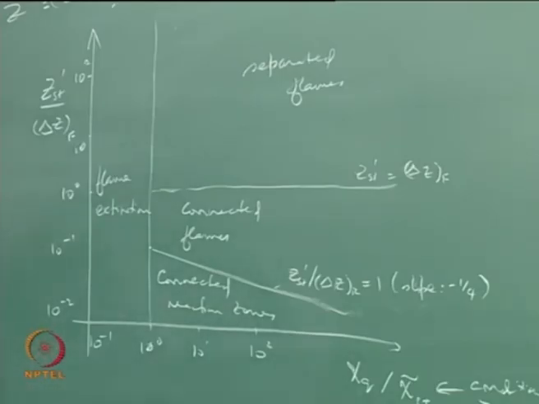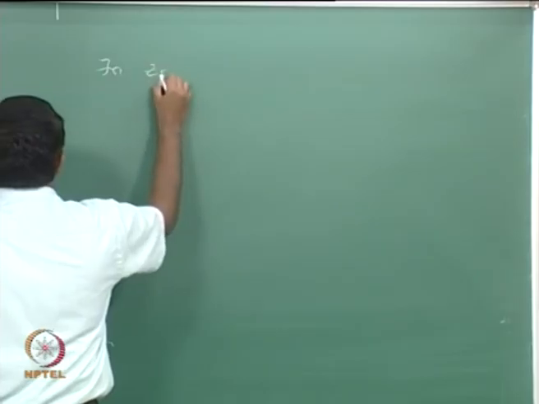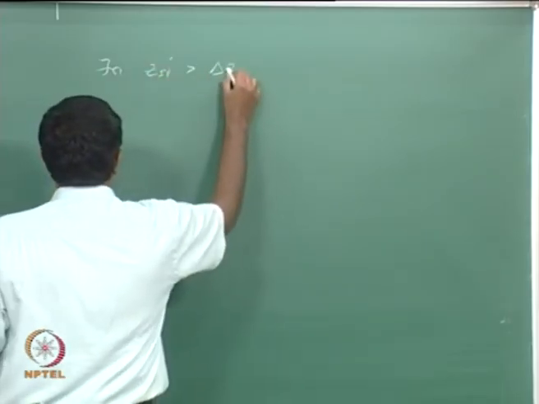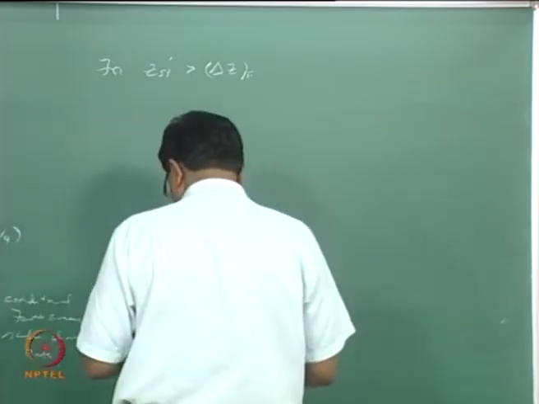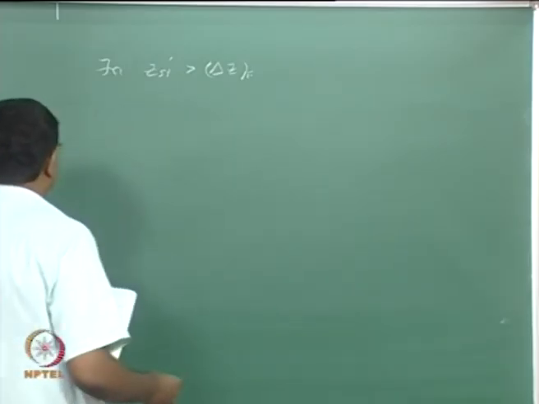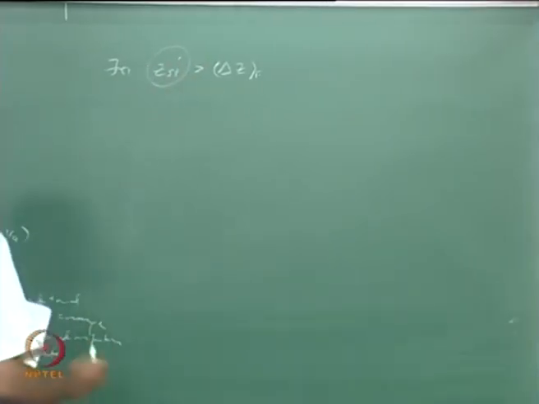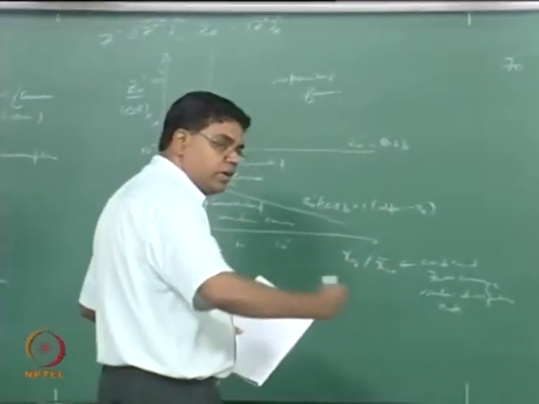Right, so let's again explain these things. So when you have, for example, zst prime greater than delta zf, what this means is you have fluctuations that are greater than the delta zf, and delta zf corresponds to the preheat zone.